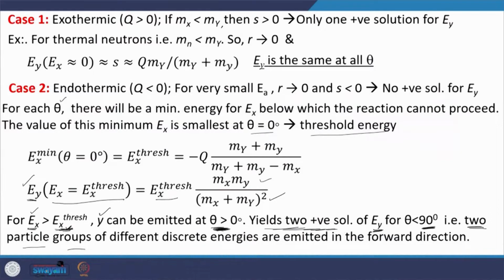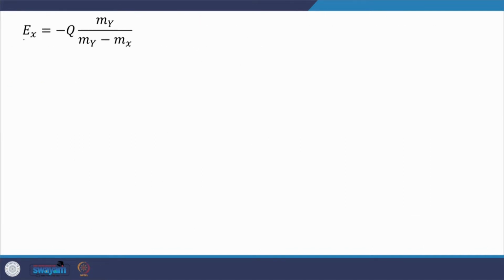There will be two particle groups of different discrete energies emitted in the forward direction, because I am confining theta to be less than 90 degrees. Now, if the projectile energy exceeds the value of Q into My by My minus Mx, then there will be a single positive solution. So you have to understand different scenarios in this case.